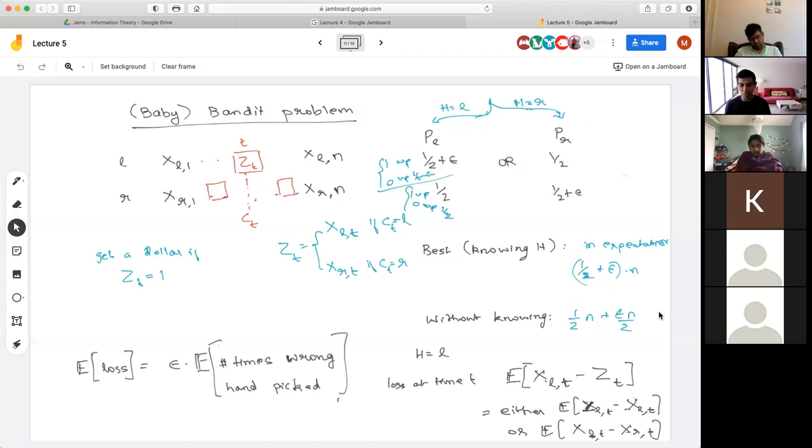The difference in expectations between X_L,t and X_R,t is epsilon. So every time you pick the wrong hand, you lose epsilon, and otherwise you lose 0.